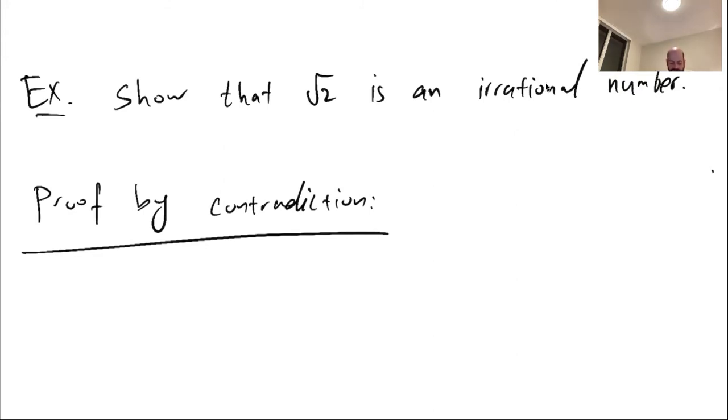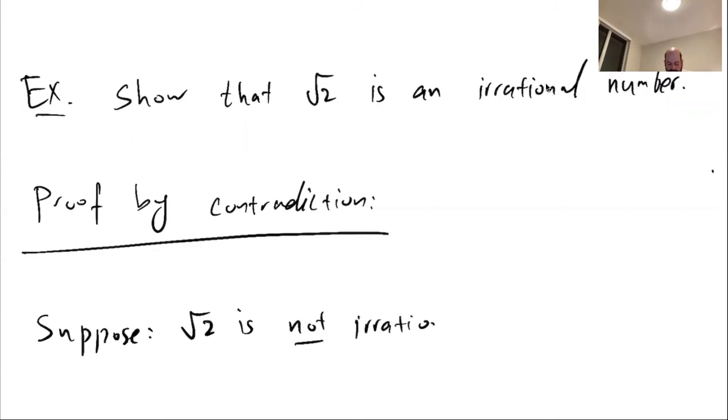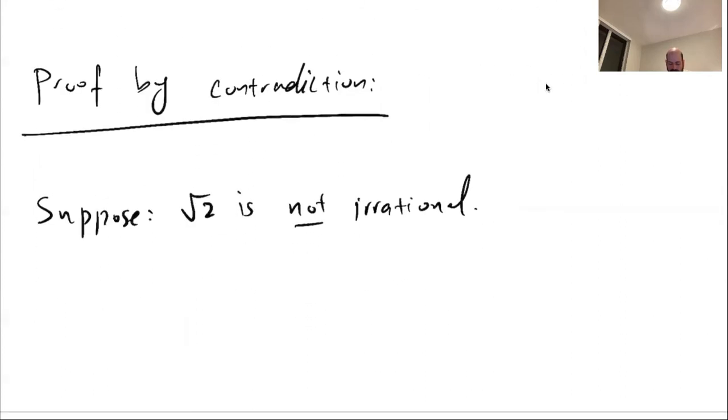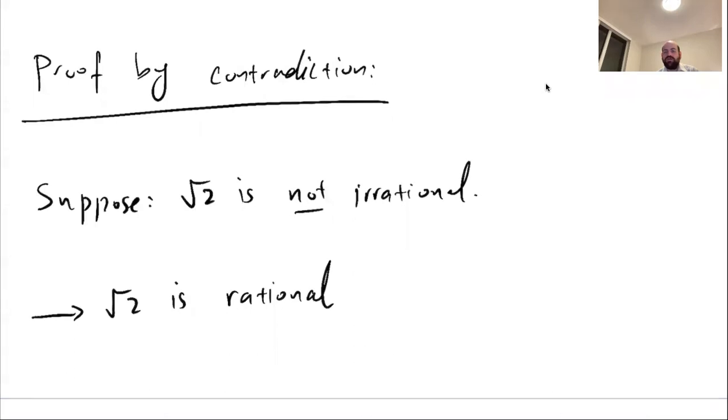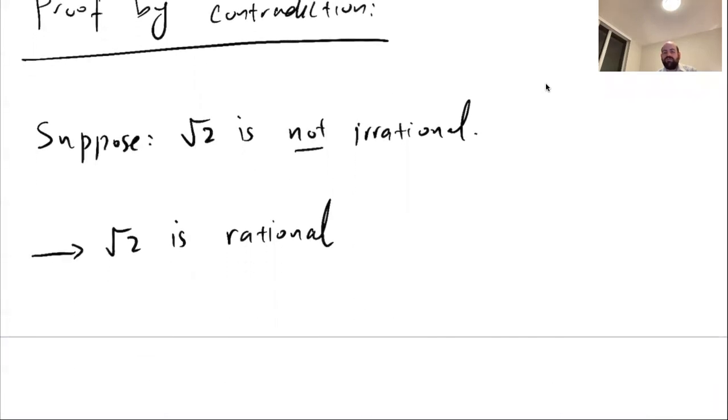So suppose root 2 is not irrational. So what does that mean? So that means root 2 is rational. And if root 2 is rational, how can I write it? I can write it of the form m over n, right?